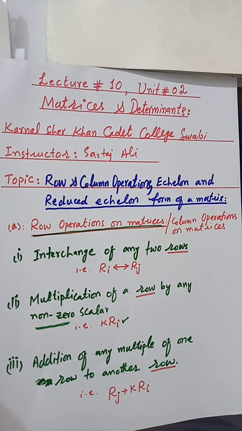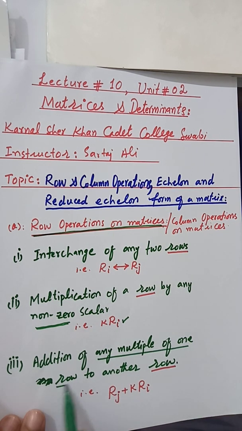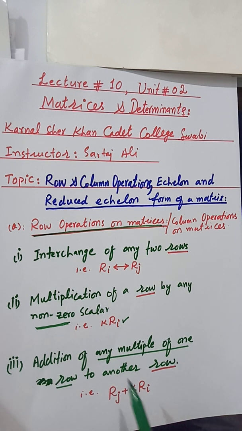The third one is addition of any multiple of one row. Any multiple of one row means scalar multiplication of a row by a non-zero scalar makes the row a multiple of the original row.